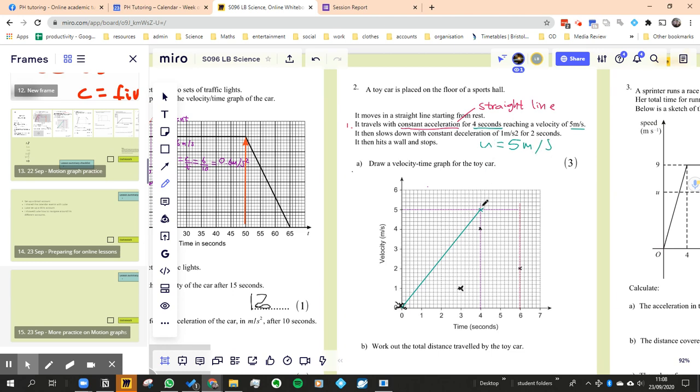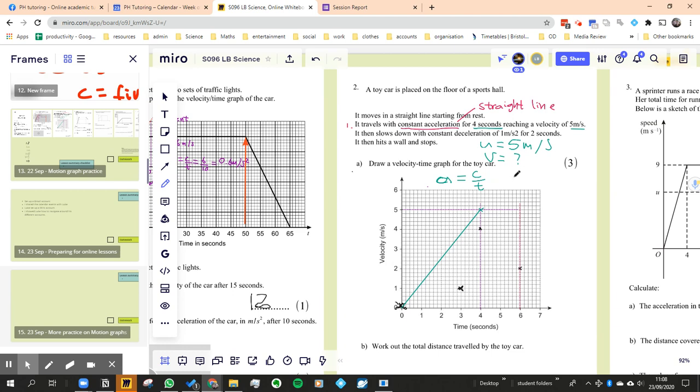So u means starting velocity from here. And what we want to know is what is it going to get to? So the final velocity we say is v, and that's what we don't know. But we know that the acceleration is equal to the change in velocity divided by time.